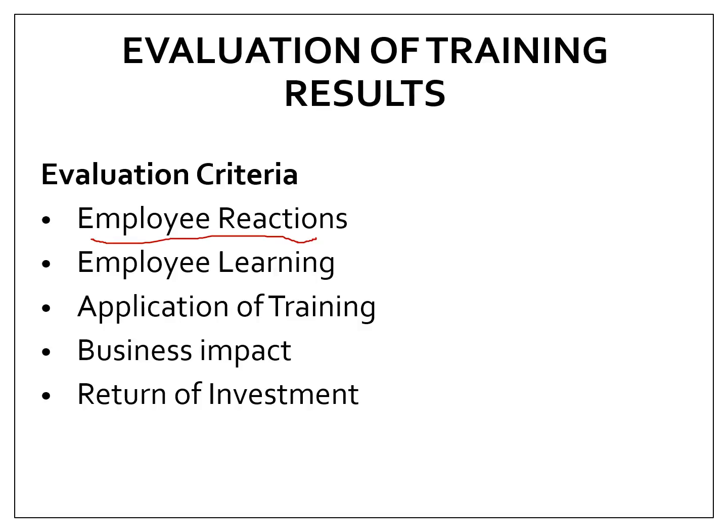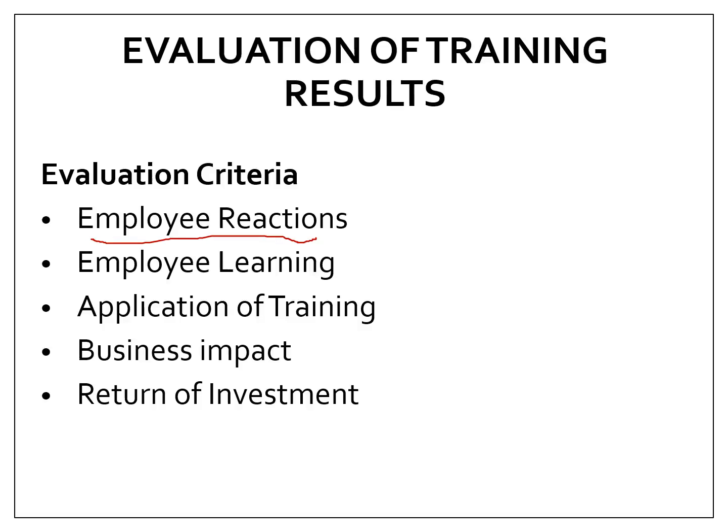And the third one is application of training. Of course, after training, you don't want them to just do well in the test. You also want them to do well on the job. Okay, so an example of application of training is observing that all your employees were able to use Excel effectively after the advanced Excel workshop, or seeing that all your faculty members know how to handle an online classroom after the online classroom seminar.